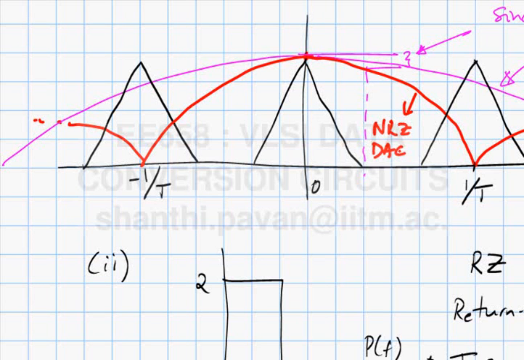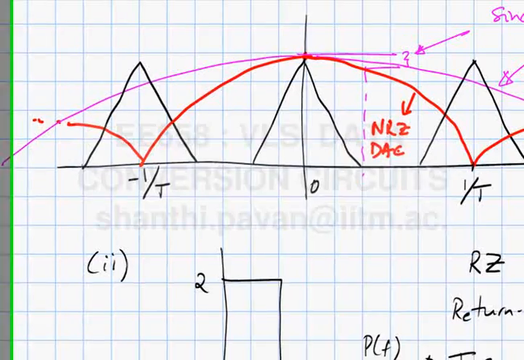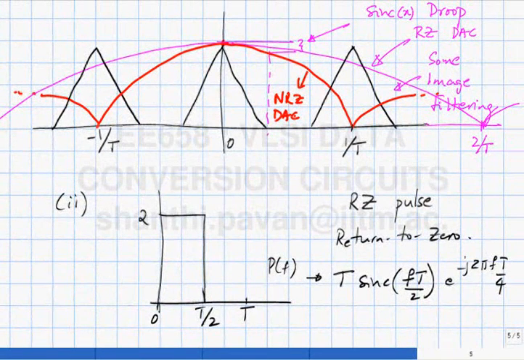Does it intuitively make sense looking at the pulse shape? The time duration is smaller, so if the time width is small, the frequency width must be large. So its image filtering qualities must definitely be poorer than what you would get for an NRZ DAC. The obvious question is, if clearly NRZ seems to be better, why bother about RZ at all? It turns out there's definitely a place for RZ DACs, and I'll talk about why RZ DACs are important tomorrow.